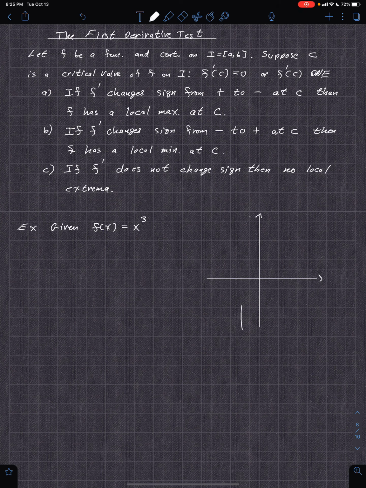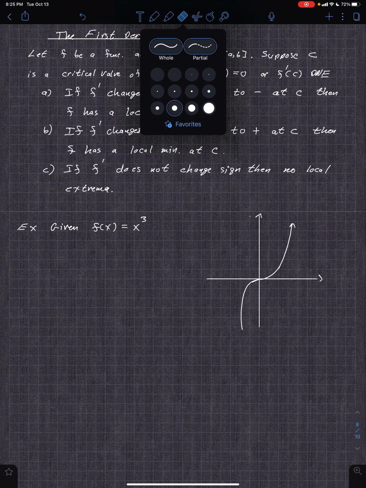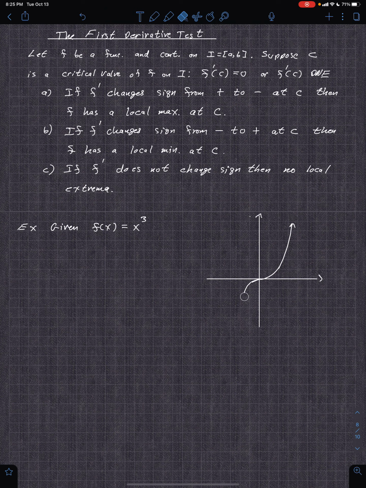So x cubed comes up like this, and then goes like that. I probably came back on itself too much over here, so I'm going to erase some of that. Okay, so there's my cubic function. So that's my y equals x cubed.